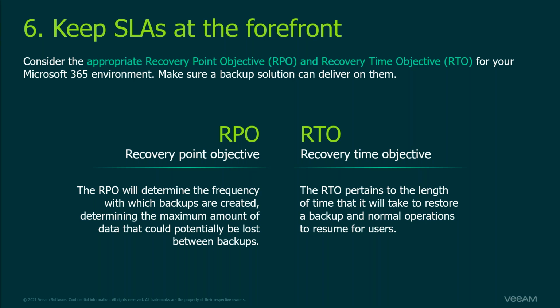So that will be my RPO, like the definition mentioned here: the RPO will determine the frequency with which backups are created, determining the maximum amount of data that could potentially be lost between backups. In this definition, we can define the policy.